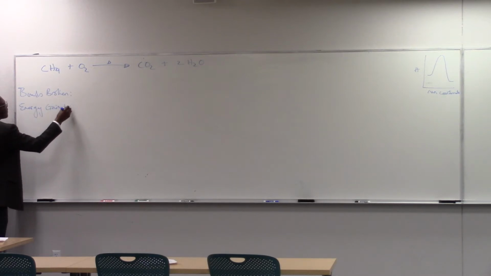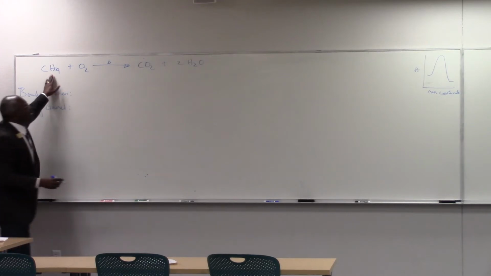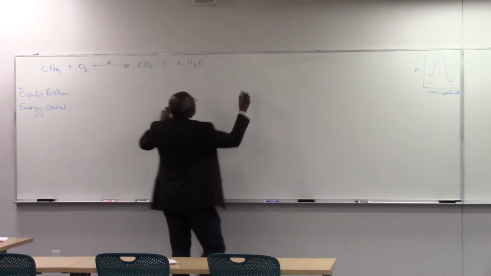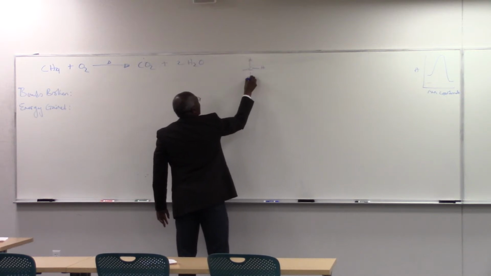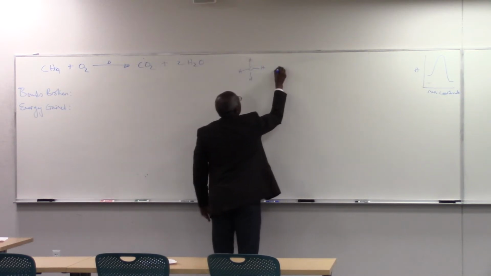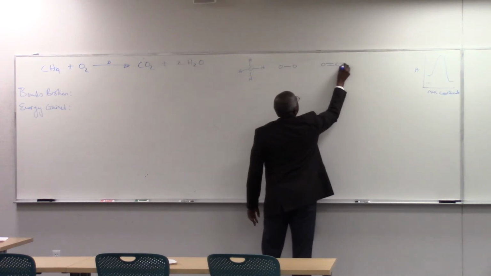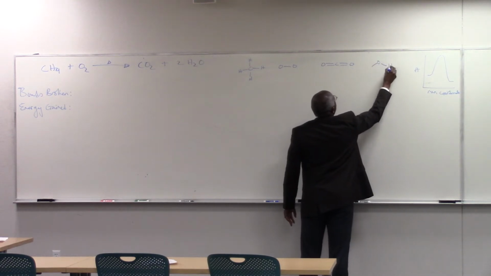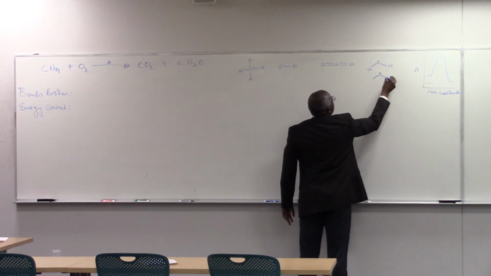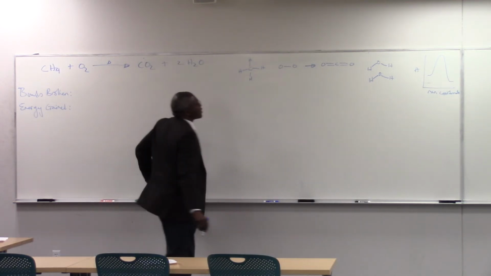Right? So what bonds are broken? Well, what I would have to do is draw these molecules out. So if I don't already know, methane is CH4, oxygen is O single bond O, carbon dioxide is O double bond C double bond O, and water is this. So I'm going to draw out my reaction as such.